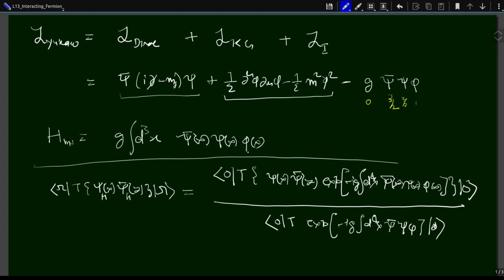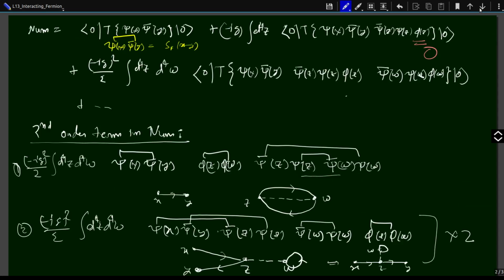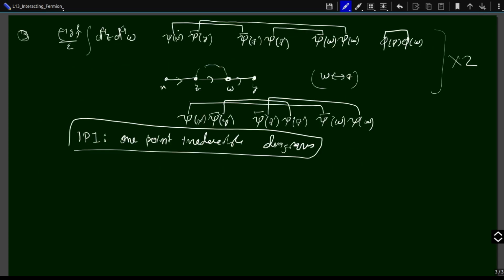But first thing is that if I have the 4-point Green's function, the 0th order, which means the identity from the exponential, will give me pairwise contraction, and all odd numbers of insertions will give me an odd number of phi. The time-ordered product will give me a normal order where the phi will hang around unpaired, and that will give me 0. So only even orders will be non-zero for this 4-point Green's function.